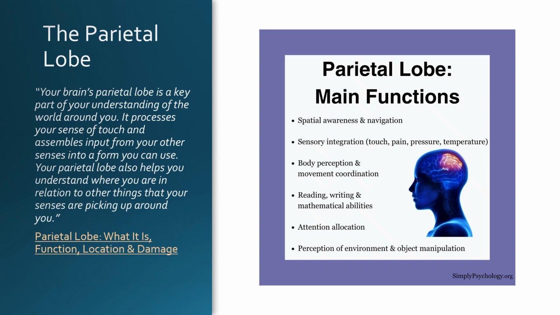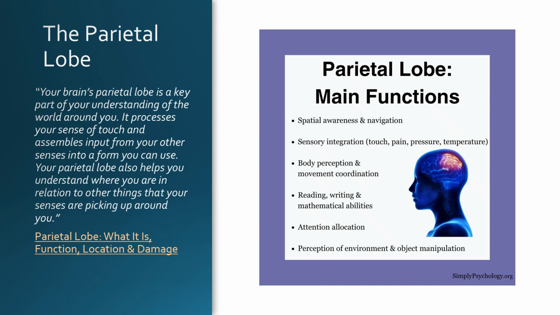So moving on from the frontal lobe, let's look at the parietal lobe. The parietal lobe is a key part of your understanding of the world around you. It processes your sense of touch and assembles input from your other senses into a form you can use. Your parietal lobe also helps you understand where you are in relation to other things that your senses are picking up around you. So just to look at some basic main functions on the right: spatial awareness and navigation.